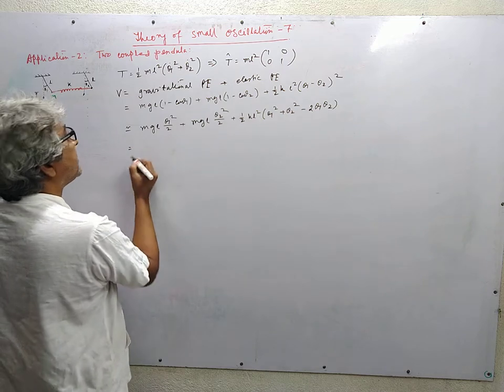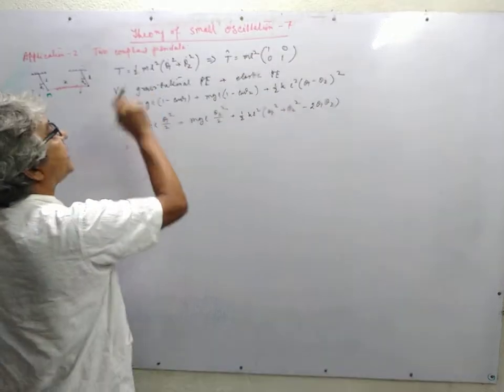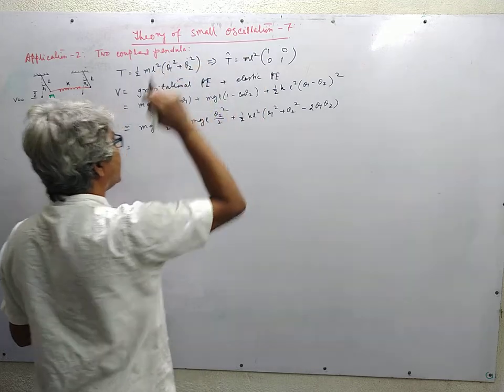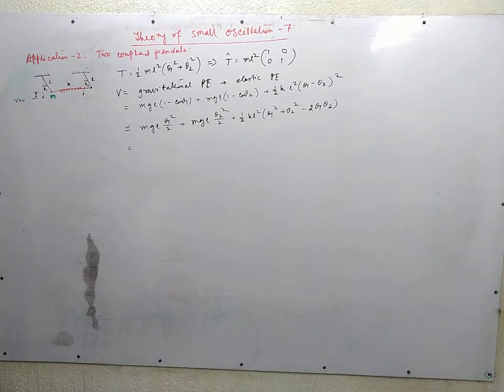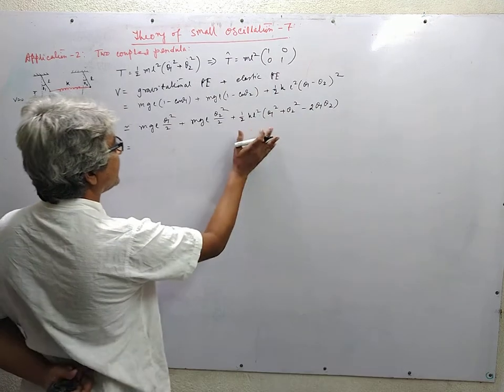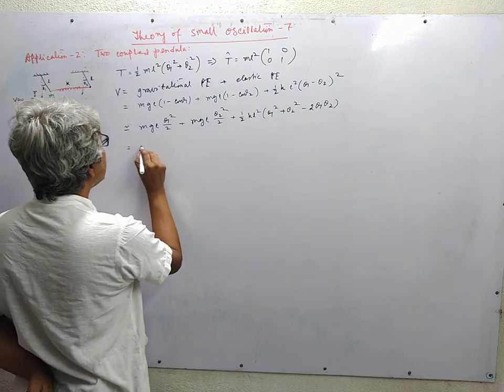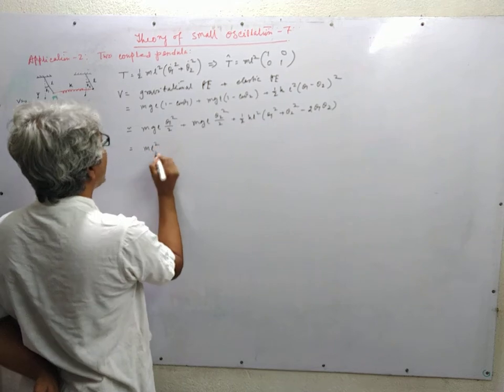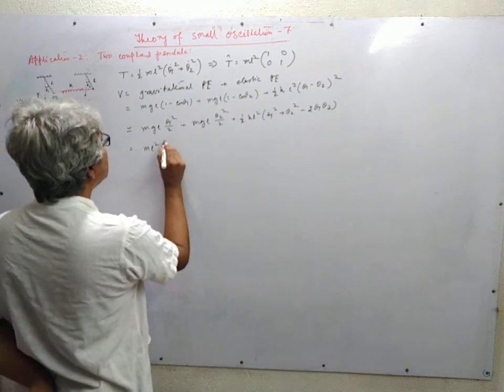Note that in the kinetic energy part there is a common term taken out, m L square. With this spirit we write it with m L square taken common.